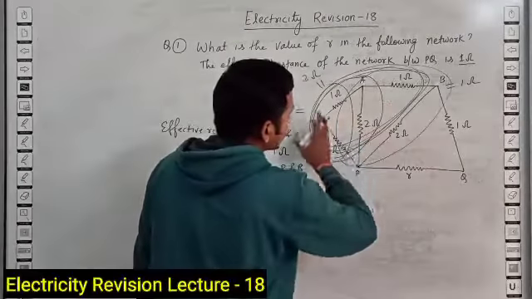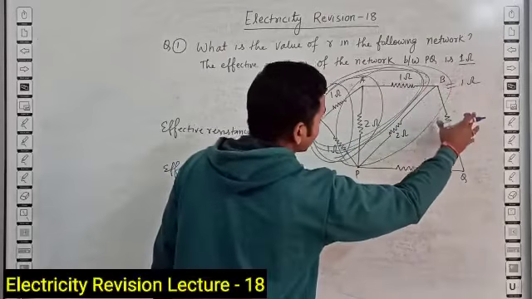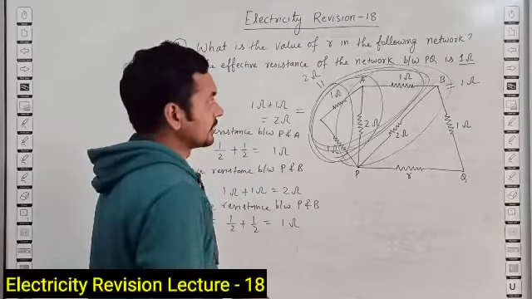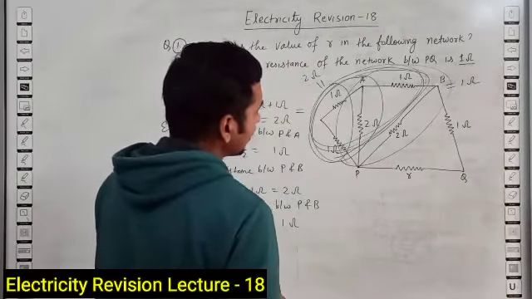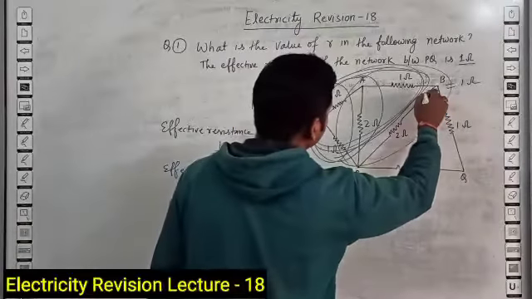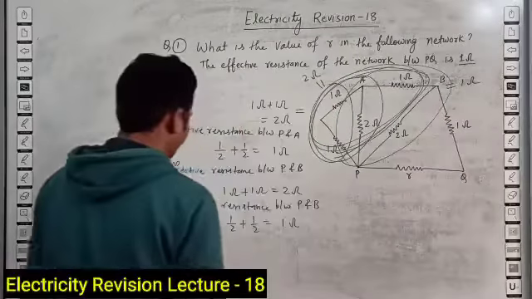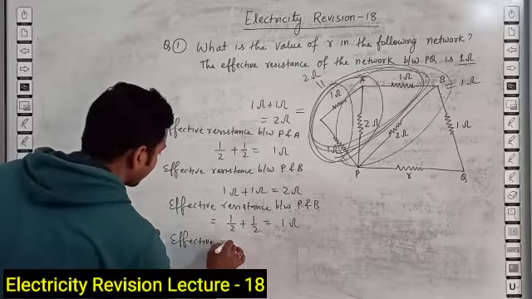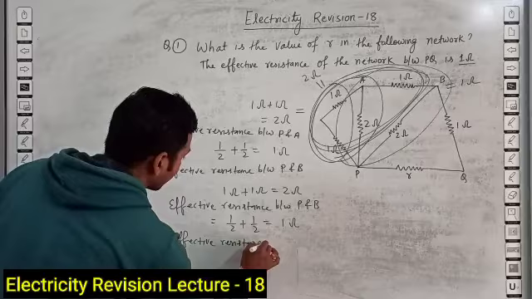Now this 1 ohm resistance and this 1 ohm resistance both are connected in series. So now solve this 1 ohm, 1 ohm.